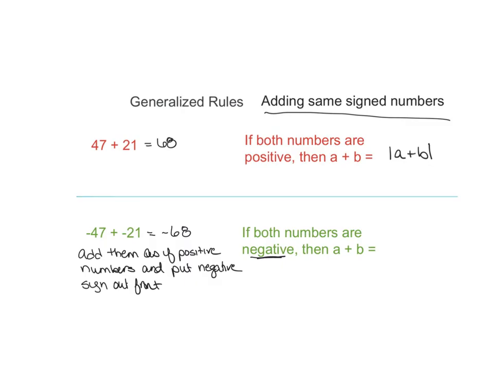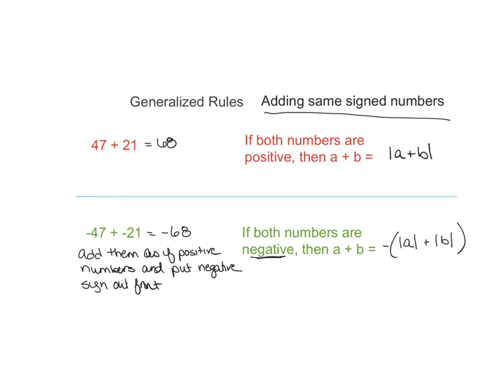Well, then A plus B would be equal to... well, you just said add them as if they were positive numbers and put a negative sign out front. So if I was going to add them as if they were positive numbers, this would be the absolute value of the first number plus the absolute value of the second number. And then I'm going to tag on that negative.